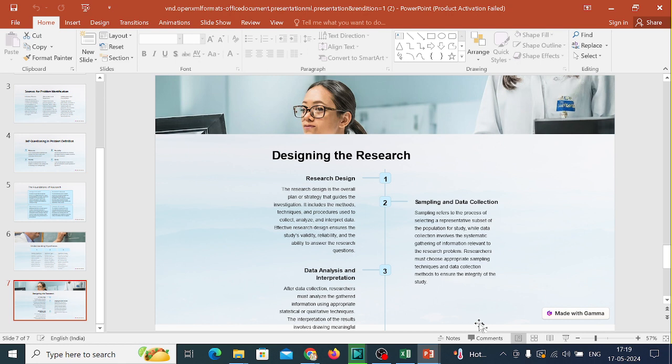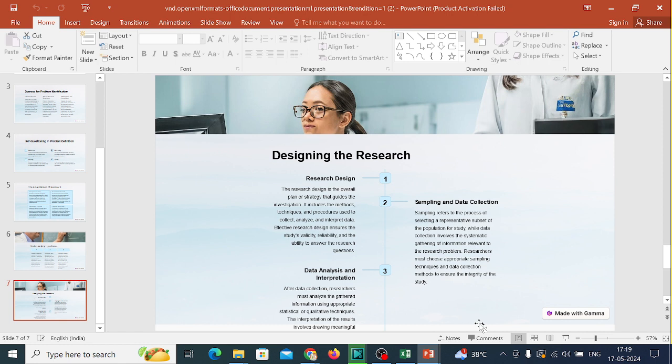Because many scholars write their papers without proper information, without proper documentation, without proper collection of data, without proper evidence. They are just writing and submitting anyhow. They want their paper to be published anyhow. So it cannot be possible.